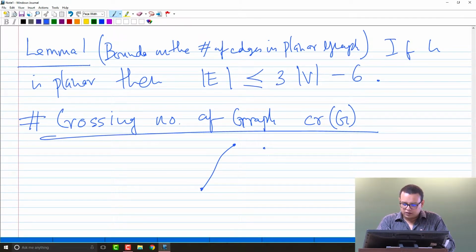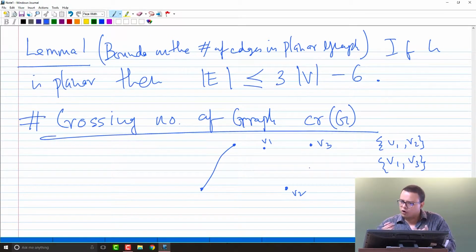Any two edges, if they are incident to the same vertex, say V1, V2, V3, and you have an edge V1V2 and V1V3, you don't want to draw these edges in such a way that they cross each other, because if a crossing is happening, you can remove that crossing. So you want to draw them like this. This is rule 1, this is rule 2.